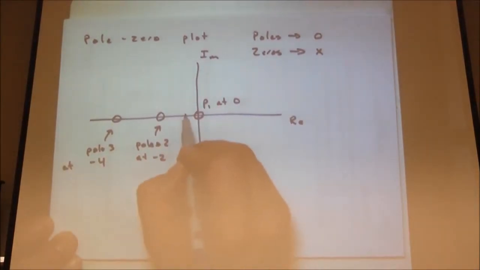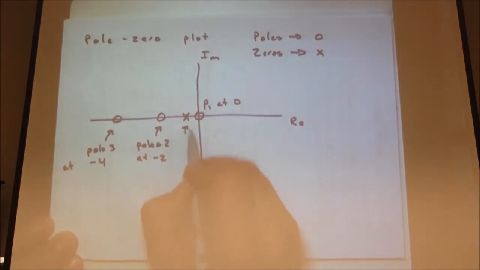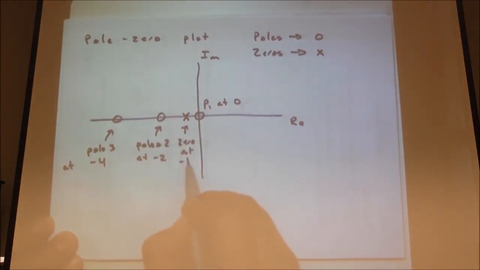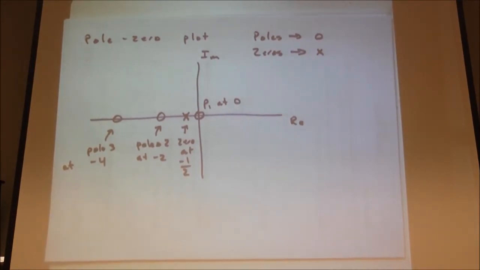And then we have a zero at -0.5. And so this is a pole zero plot.